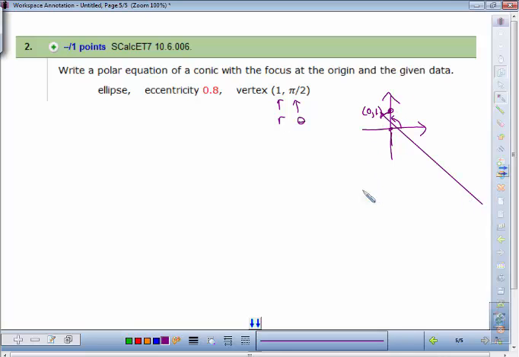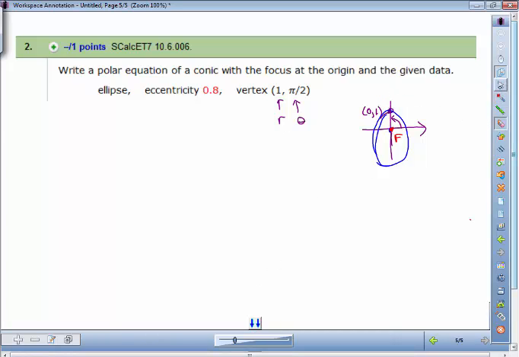So we can assume that we have an ellipse that goes down this way, where this is a focus, and this is one of the vertices. Which means our directrix should be up here somewhere, right? So our directrix should be over here somewhere.